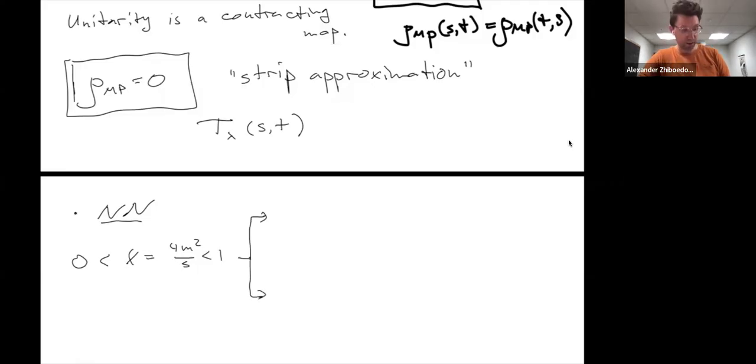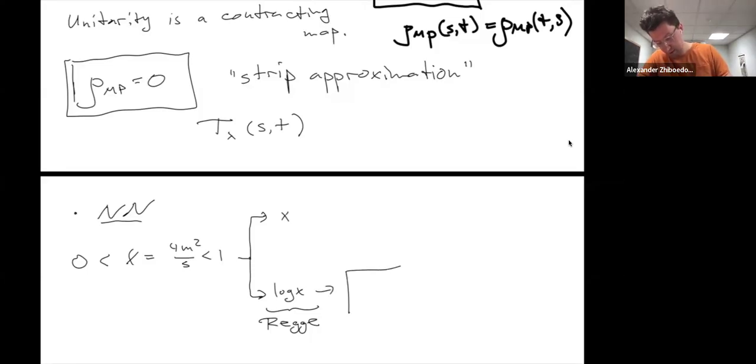And it turns out that to solve this problem, somehow you need a nice architecture of the neural network. So you introduce a separate subnetwork for the high energy limit, let me just call it the Regge network.